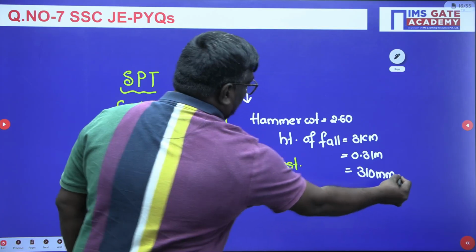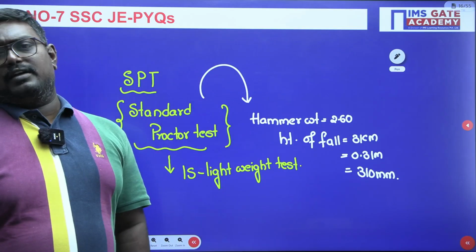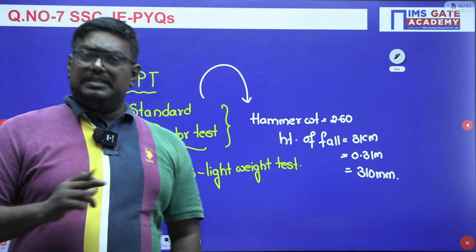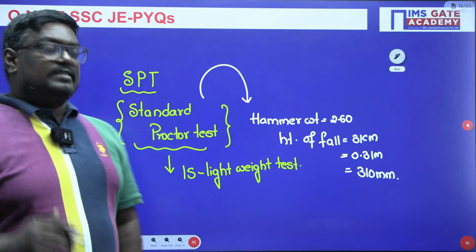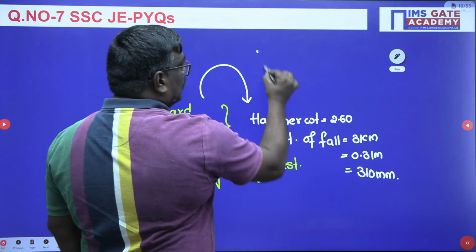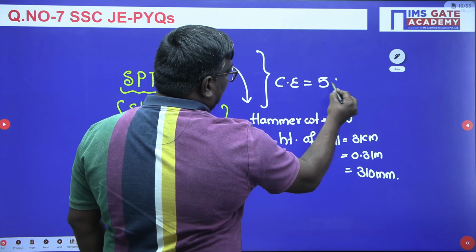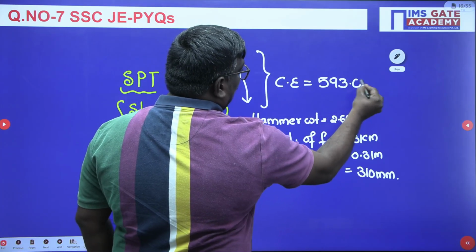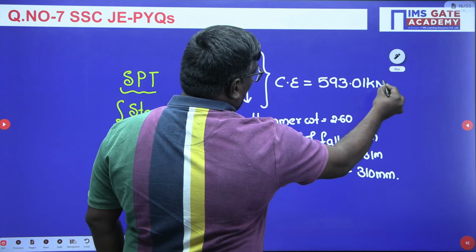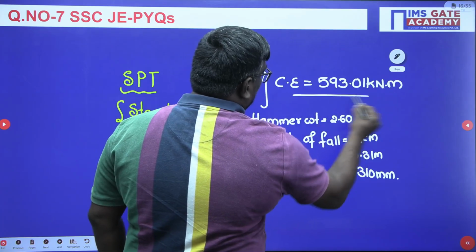The soil is arranged in 3 layers and each layer is given 25 blows. The compactive effort of the standard Proctor test is 593.01 kilonewton meter per cubic meter. This can also be a question.